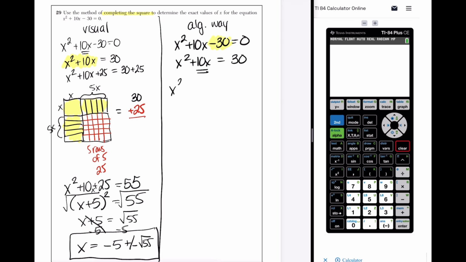So I'm going to break the 10 in half and then square it. So what is 10 divided by 2 squared? 10 divided by 2 is 5, and now 5 squared is where you get the 25.